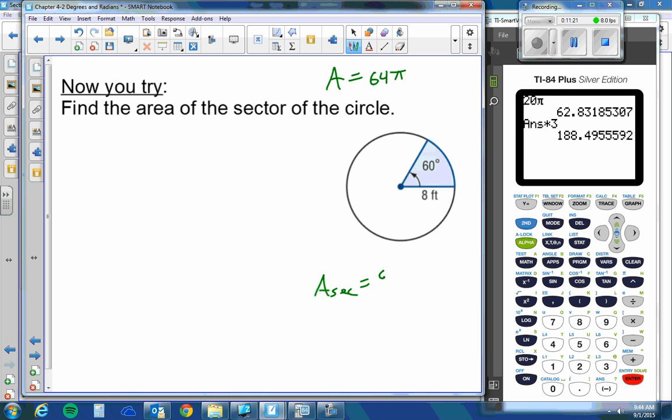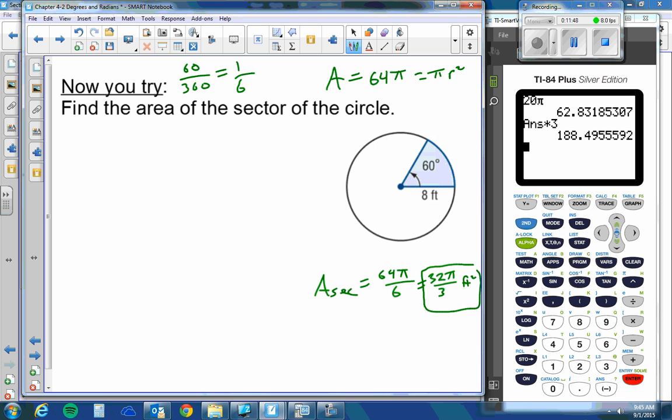So it's 64 pi over 6, which simplifies to 32 pi over 3. And that's square feet. Because the area of a circle is pi r squared. And so you just do 8 squared times pi, boom, you have the area of the whole circle. And then, once again, 60 out of 360 is a sixth. So I just took a sixth.